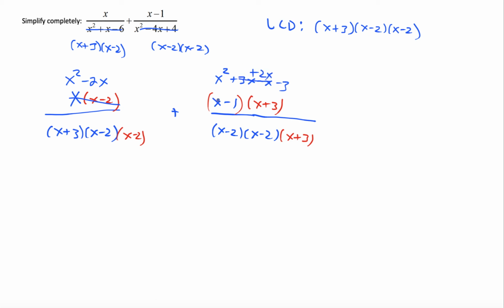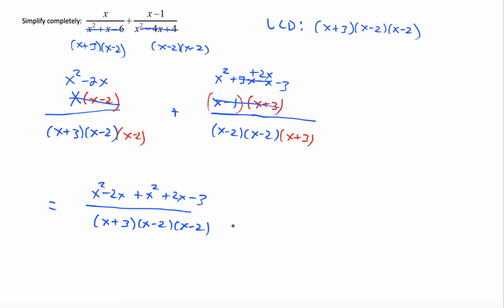Okay. So now I can combine these fractions that have the LCD in the denominator. So x plus 3, x minus 2, x minus 2. And what goes in the numerator? Well, in the numerator, it's just these terms added together. So we get x squared minus 2x plus x squared plus 2x minus 3.